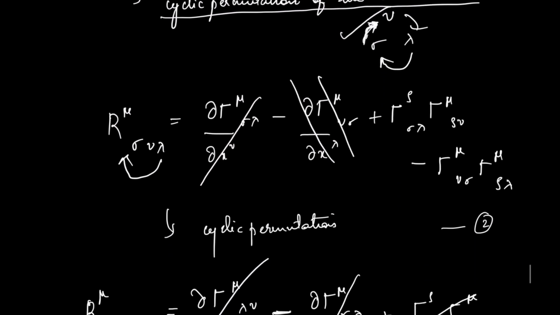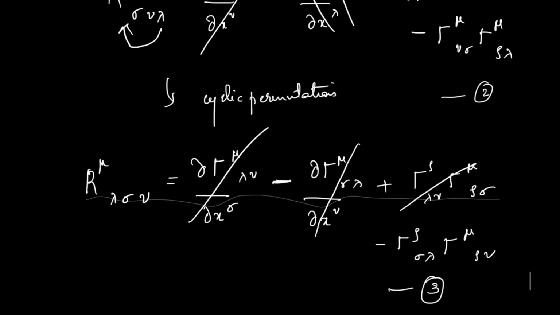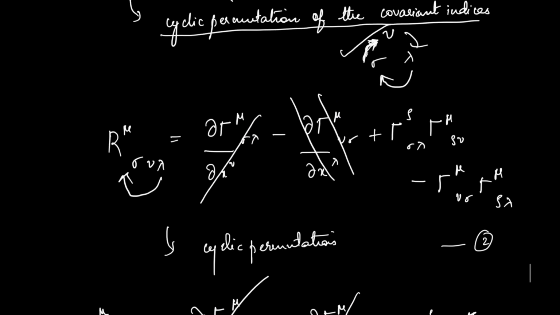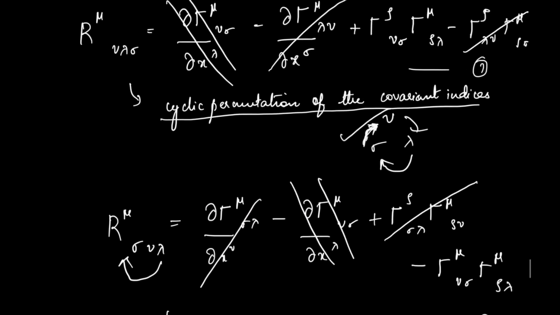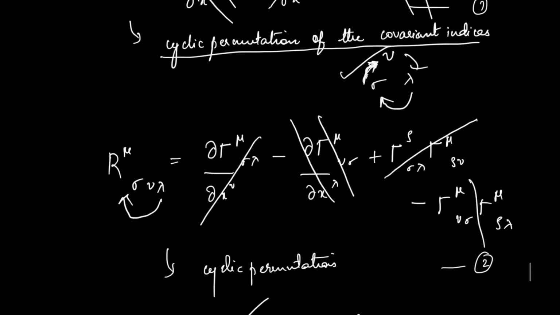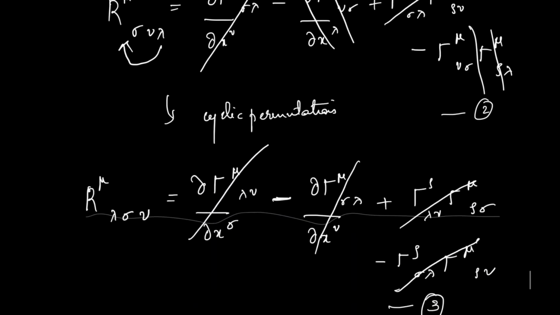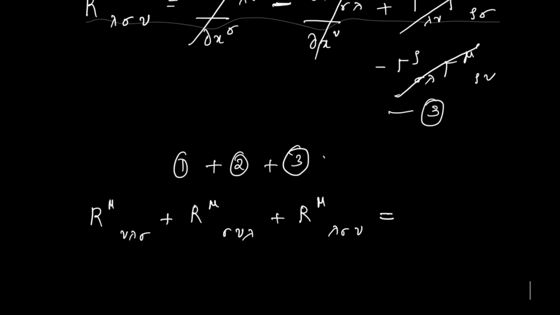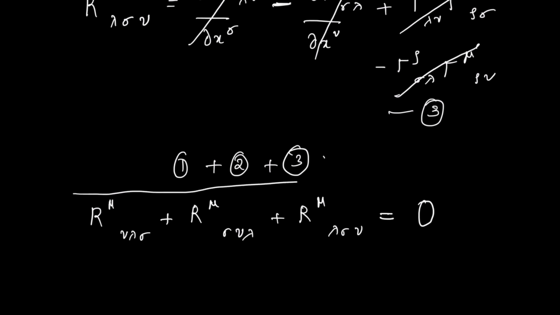Then nu sigma lambda and sigma lambda, this will get cancelled, and this one and this one will get cancelled. So I'll get this is equal to 0. This is an important result.